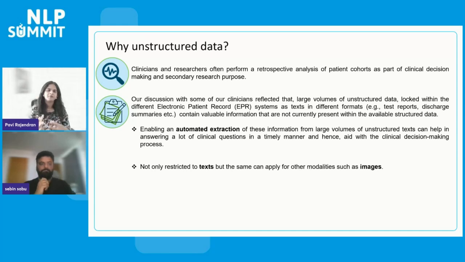So let's say, in the context of the topic that we are going to talk about today, a clinician would want to know how many patients were diagnosed with tetralogy of Fallot. To be able to do this currently, a clinician would have to manually go over all these unstructured reports because this information is not present as part of our existing structured data. So what do they do then?